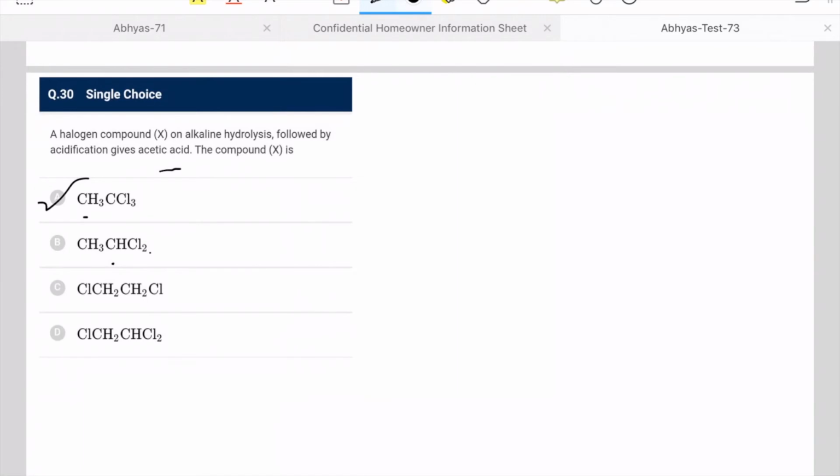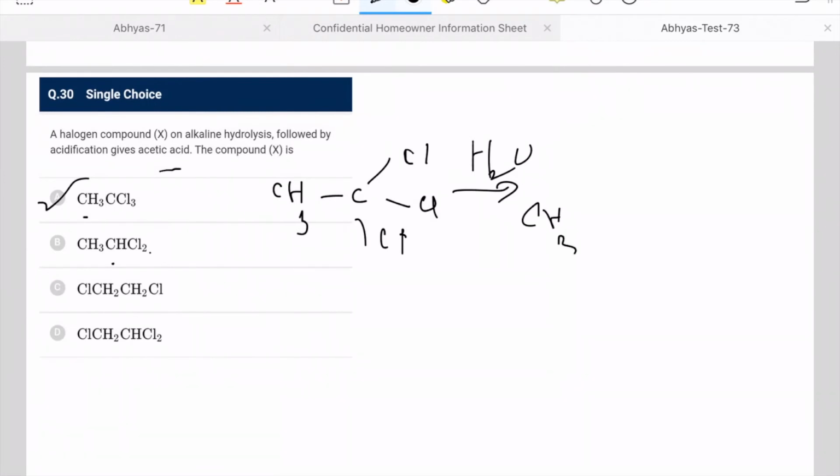So the reactions we can write down like this. CH3CCl3 on reaction with water, on hydrolysis, gives CH3C(OH)3, and here OH will be forming.